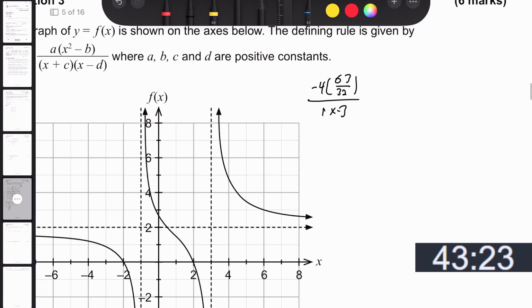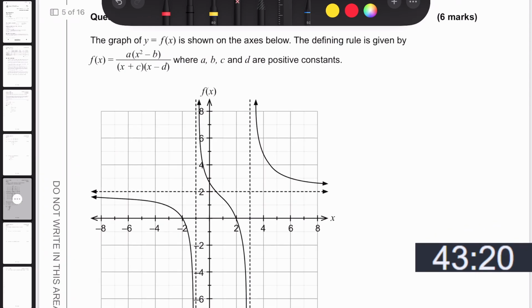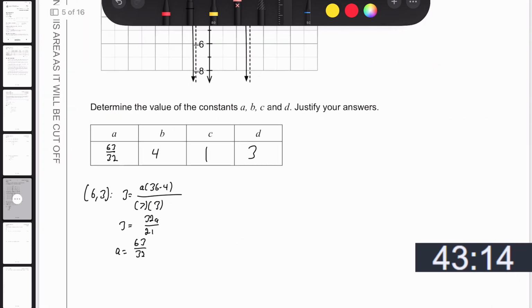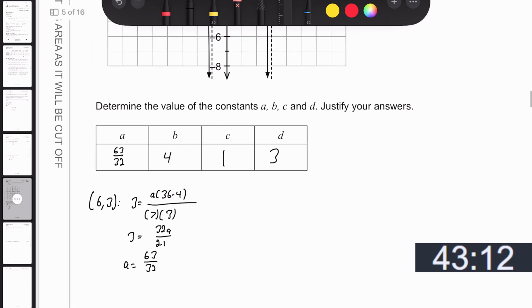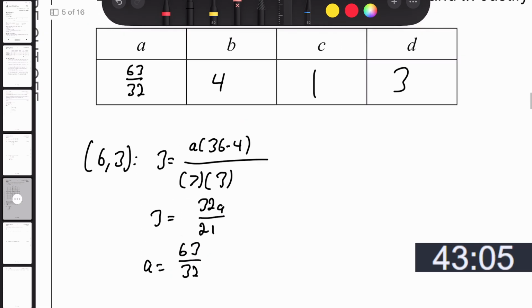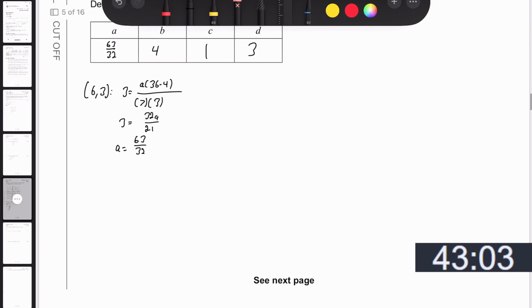I think it's probably alright. This is 3. So 63 on 32 times x squared minus 4, over x plus 1, x minus 3, over 21. Yeah, it must be it.